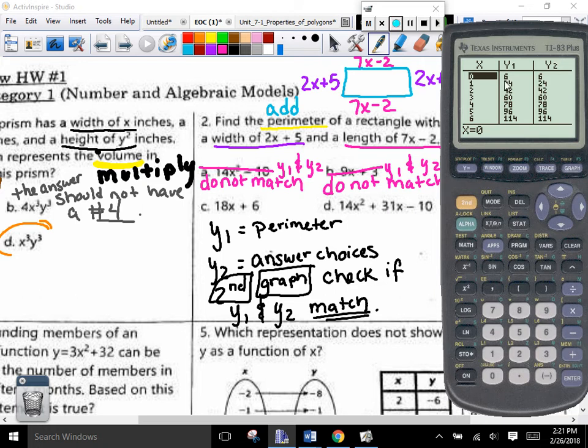So I have 6, 6, 24, 24, 42, 42, 60, 60, 78, 78, 96, 96, 114, 114. All of my values are exactly the same on y1 and y2. Therefore, my answer is going to be letter C.